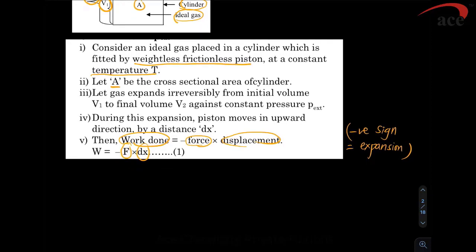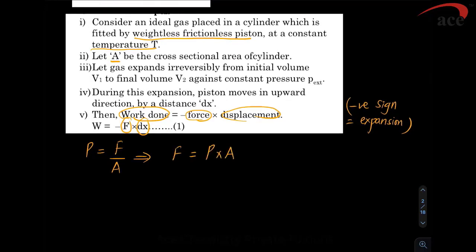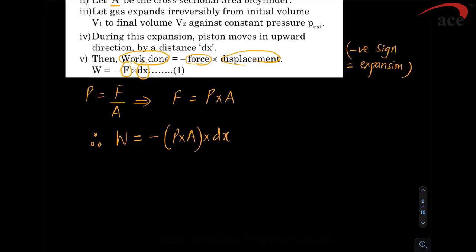Now, we are also aware that pressure is given by force upon area. Therefore, force will be pressure multiplied by area. Therefore, work can be written as minus external pressure multiplied by A multiplied by dx.